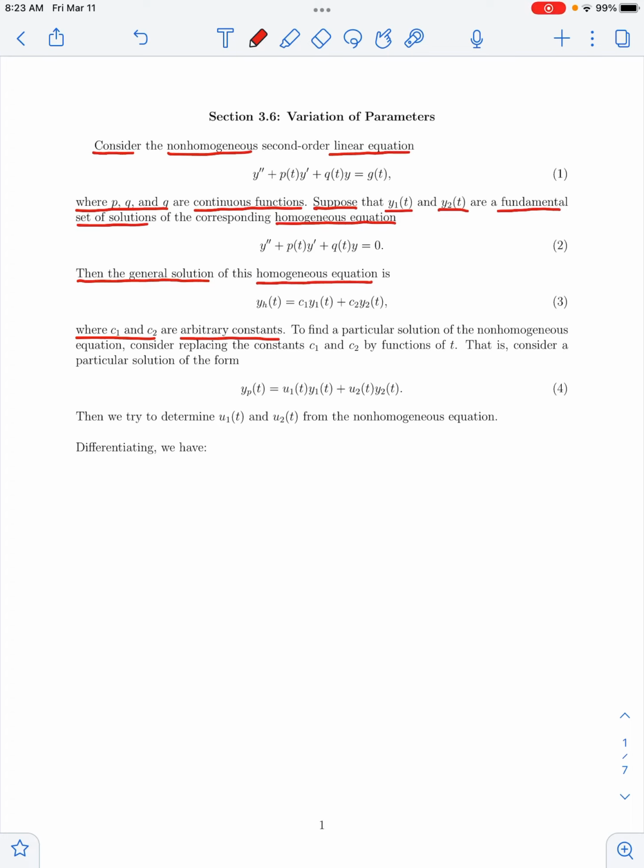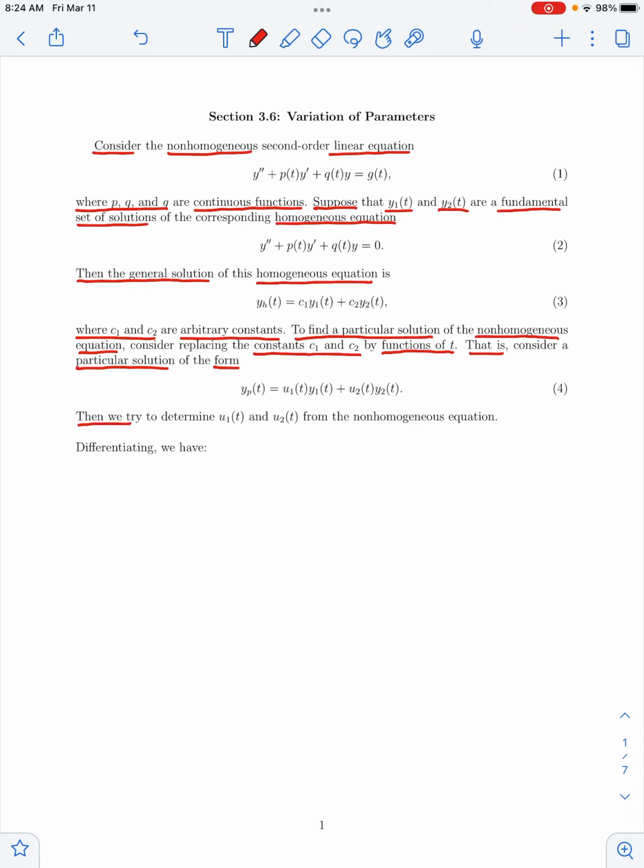Now, in order to find a particular solution for the non-homogeneous equation, let us consider replacing the constants c1 and c2 in the homogeneous solution by functions of t. That is, let us consider a particular solution of the form y sub p of t is equal to u1 y1, where u1 is some function of t, plus u2 y2, where u2 is a function of t.